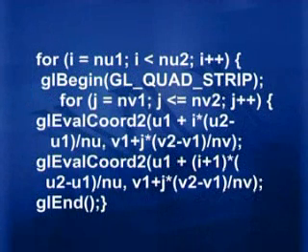For I equal to NU1 up to NU2, incrementing I by 1 each time, we can have glBegin for GL_QUAD_STRIP, and that would be running the loop for J equal to NV1 to NV2, incrementing J by 1 each time, glEvalCoord2 called for U1 plus I times (U2 minus U1) over NU, and similarly for V. And glEvalCoord2 called again for U1 plus (I plus 1) times (U2 minus U1) over NU, and V1 plus J times (V2 minus V1) over NV.